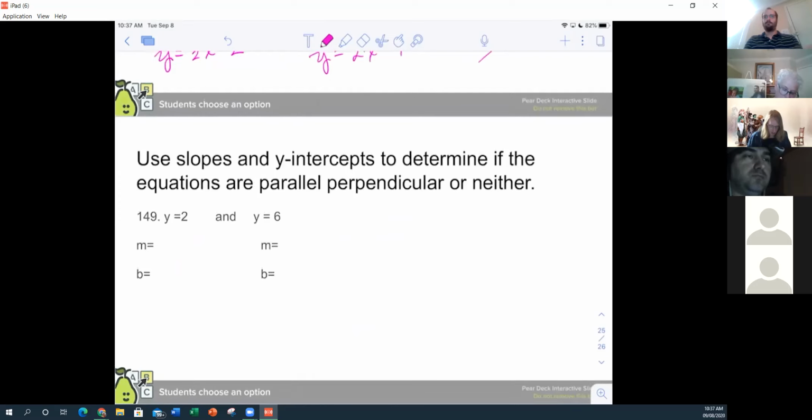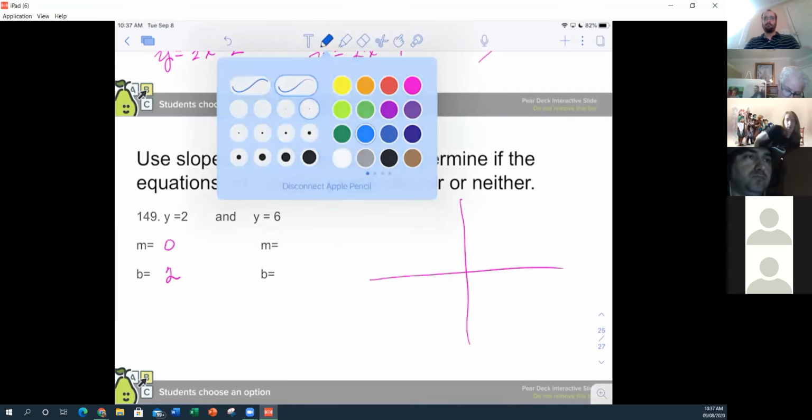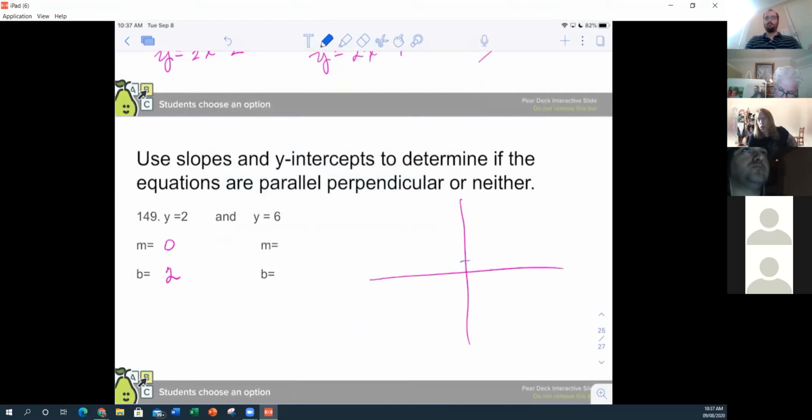Okay, so here y equals 2, the slope is 0, and the y-intercept is 2. That would look like that. And then y equals 6, the slope is 0, and the y-intercept is 6.